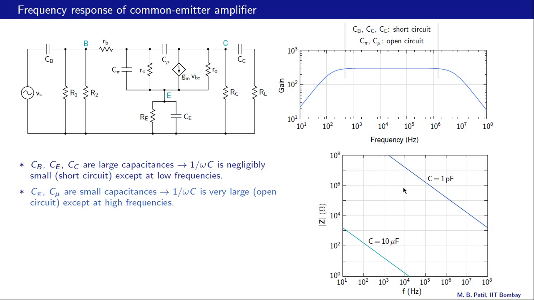So the impedance presented by a capacitance of 1 picofarad is small enough only in this range here, and otherwise it is very high, certainly much higher than the other resistances in the circuit like R1, R2, RE, RC, RL.